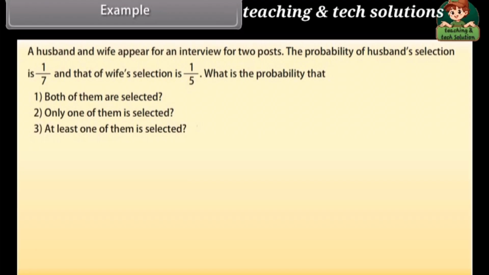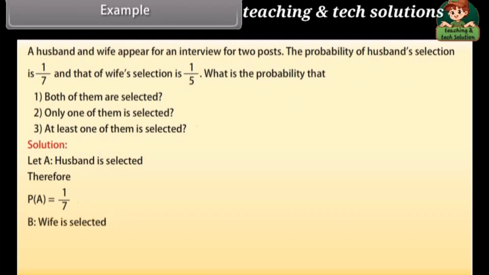At least one of them is selected? Solution: let event A be husband is selected. Therefore, the probability of event A is equal to 1 by 7. And event B be wife is selected. Therefore, the probability of event B is equal to 1 by 5.